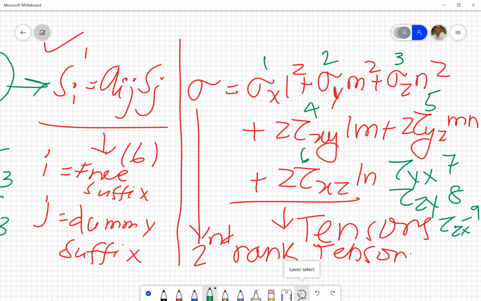We generally need 9 components to specify the stress. That's why the stress is called a second rank tensor. Remember, stress, strain, and many other physical quantities are second rank tensors.